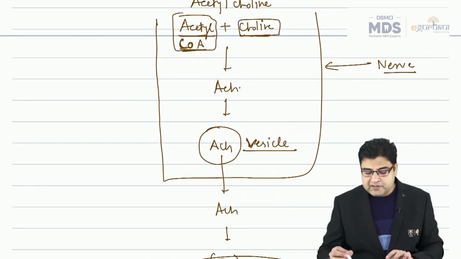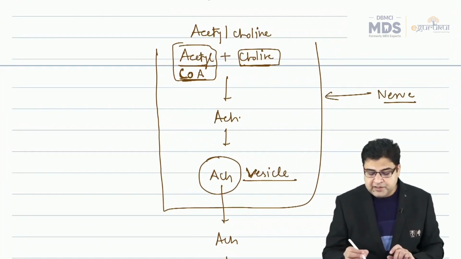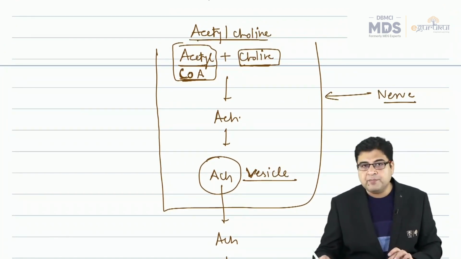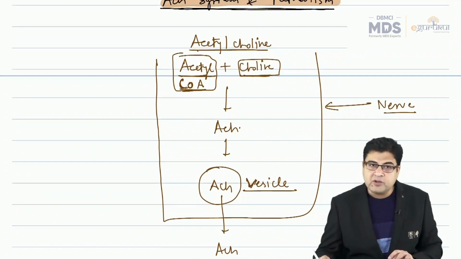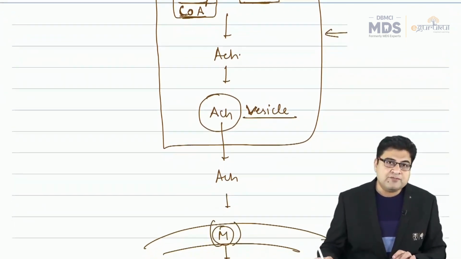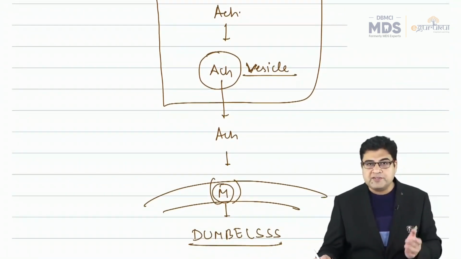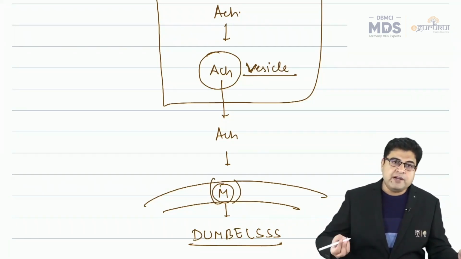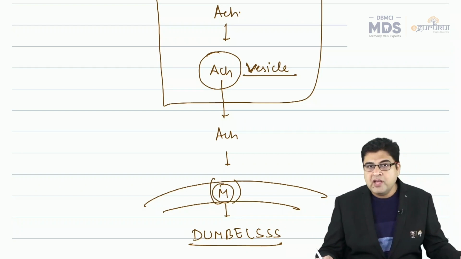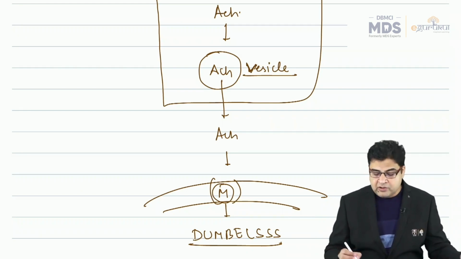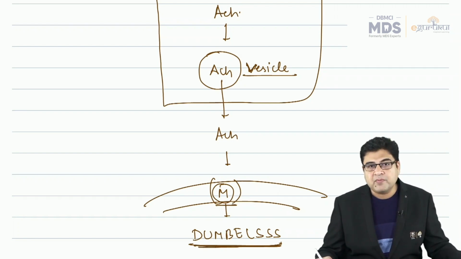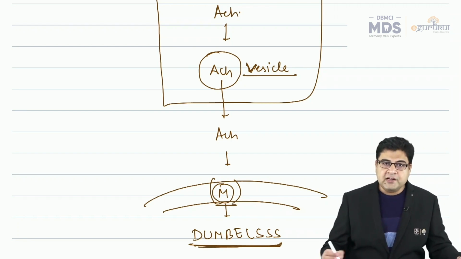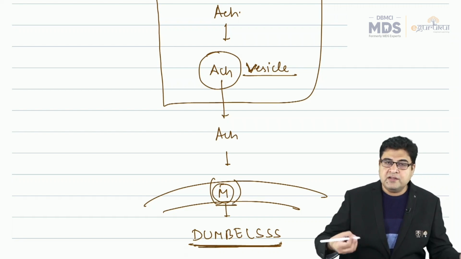So in the parasympathetic nerve, acetylcholine synthesis takes place when you combine acetyl with choline, whatever acetylcholine is formed is stored in the vesicle, and whenever the body requires, it is released, acts on its muscarinic receptor and performs the action. We call it dumbbells.